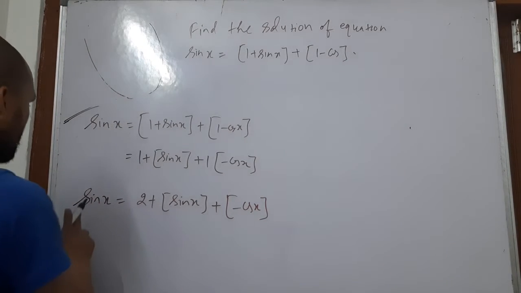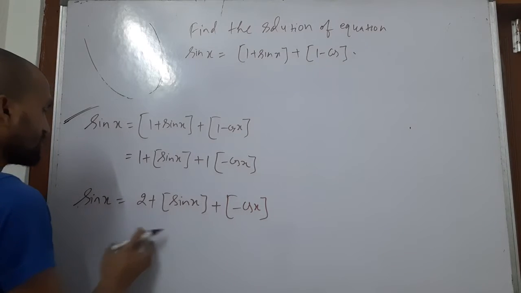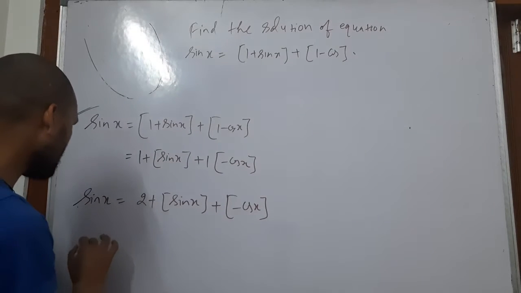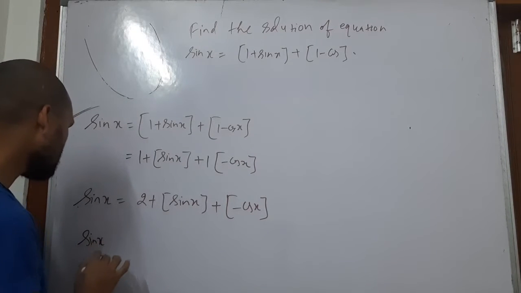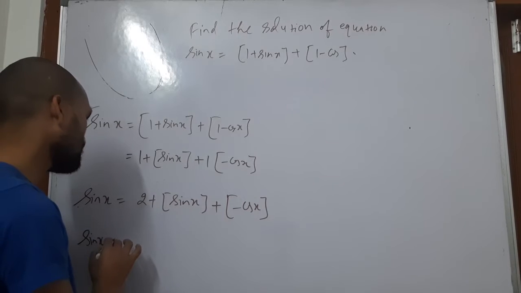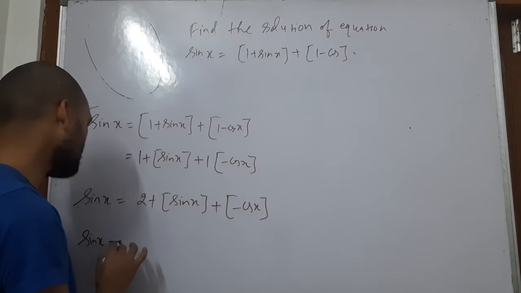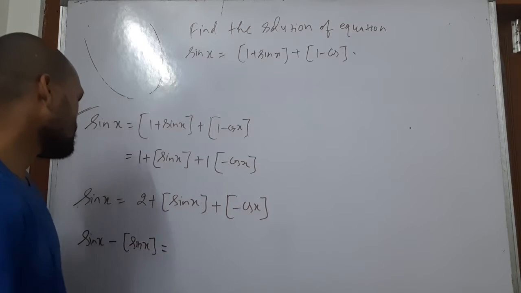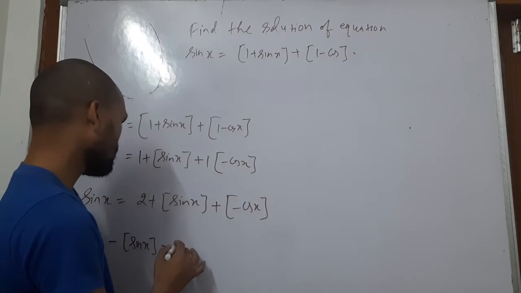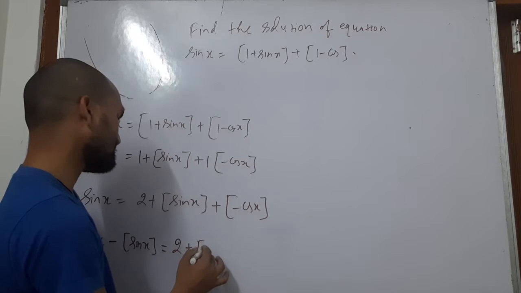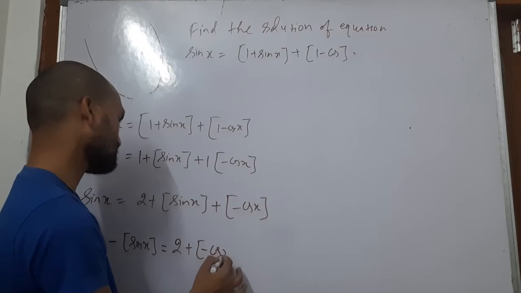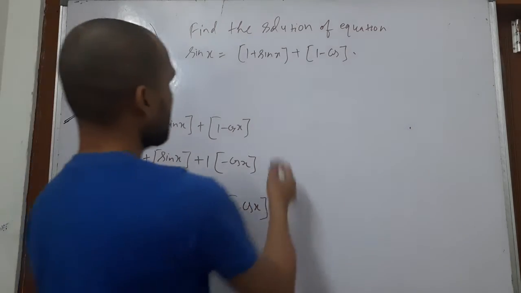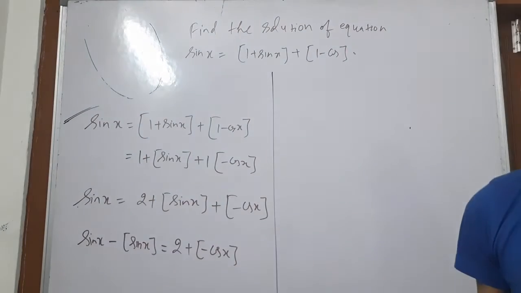Okay, students, now we should take sin x and greatest integer of sin x on one side. So it is sin x minus greatest integer of sin x is equal to 2 plus greatest integer of minus cos x.